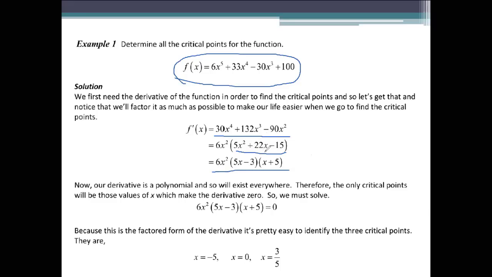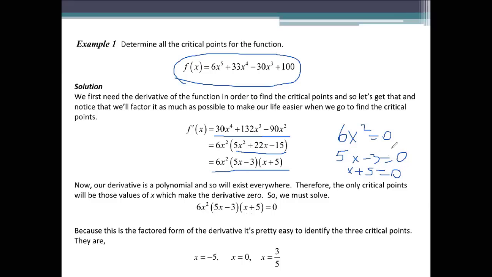If we consider our definition, we need to equate this derivative to 0. So in this case, we have 6x squared is 0, the first one. The next one is 5x minus 3 is 0. And the next one is x plus 5 is 0.